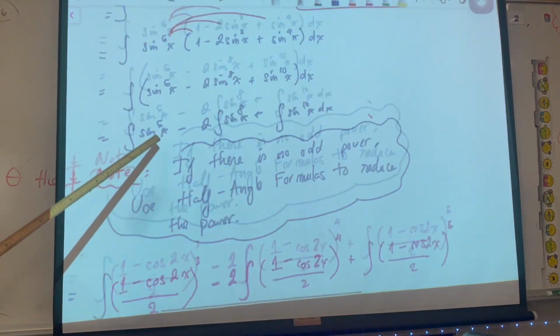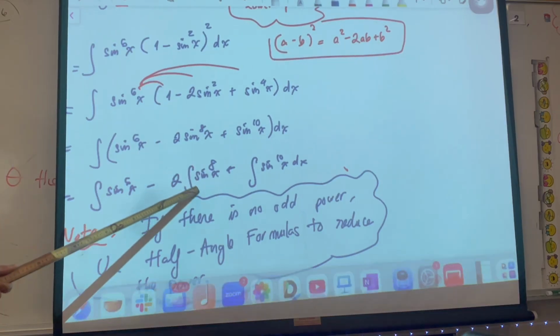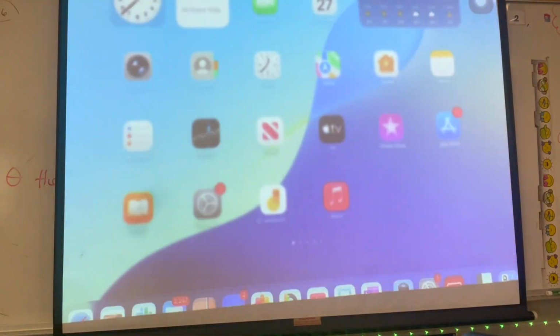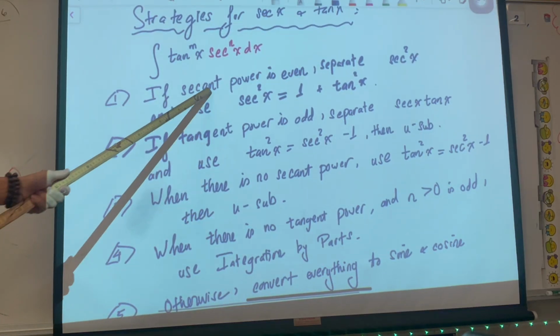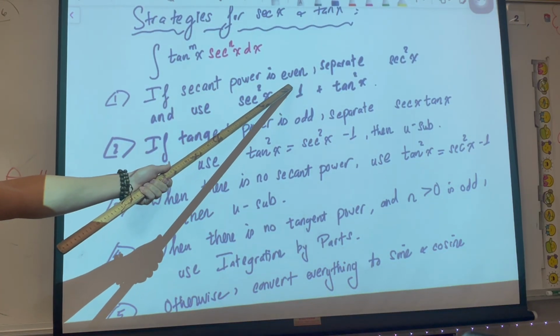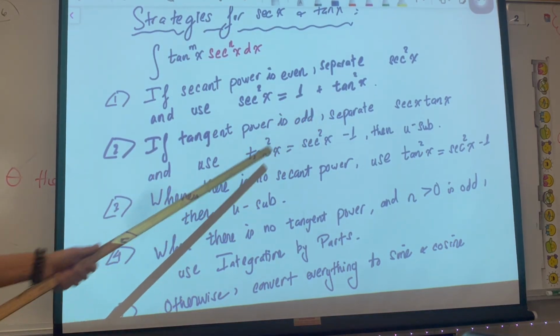Similar to what we did over here, you convert all of them into one thing. So if you see secants and the power is even, you're gonna change that into tangent square.